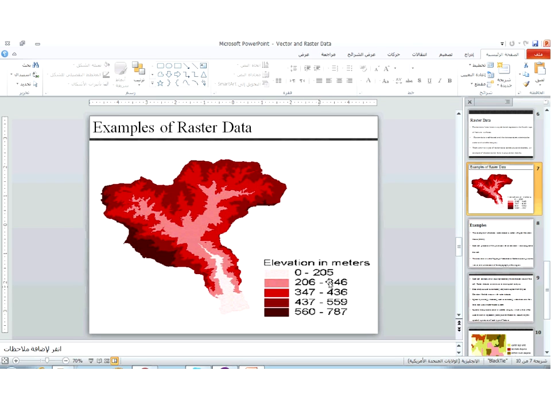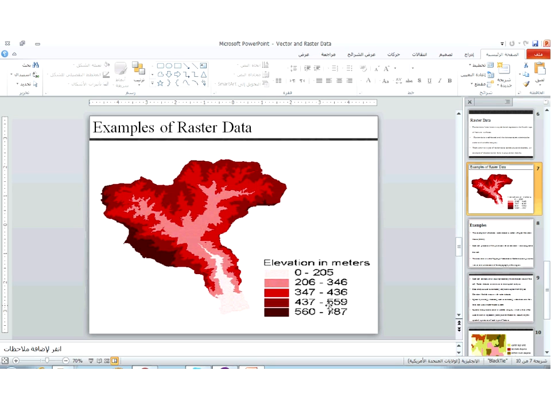We start from 0 to 205 as an elevation using pixels, and also the other colors starting from 206 up to 346. The third elevation starts from 347 up to 436.